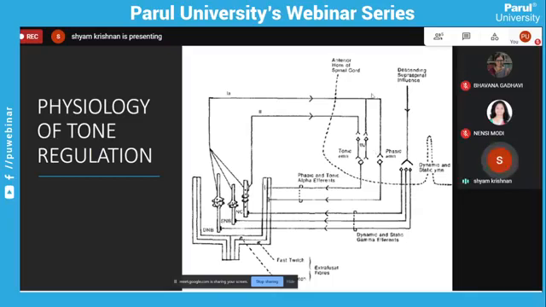Now we can see that if you take the basic alpha motor neuron, it is getting only one synapse. I told you all those things which are going to synapse with the alpha motor neuron are going to influence its input into the muscle.